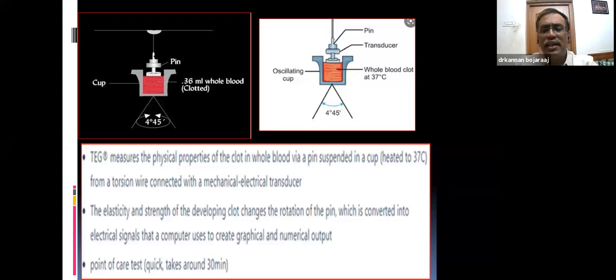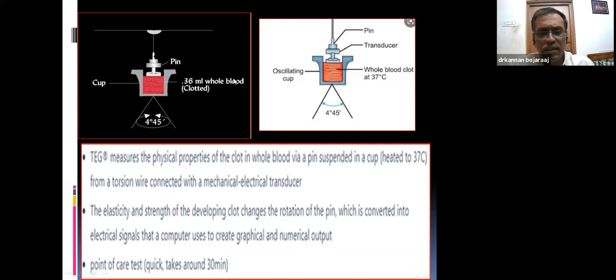And this is the schematic diagram of the TEG machine, where the pin is attached to the transducer with a torsion wire. And there is an oscillating cup. Whole blood, a small volume of 0.36 ml, is poured inside.